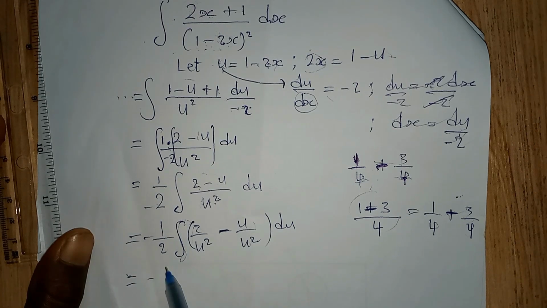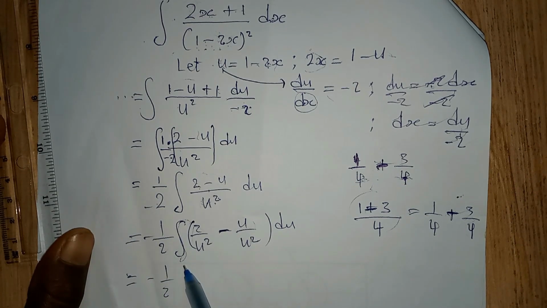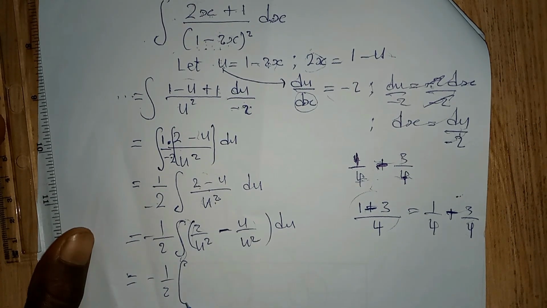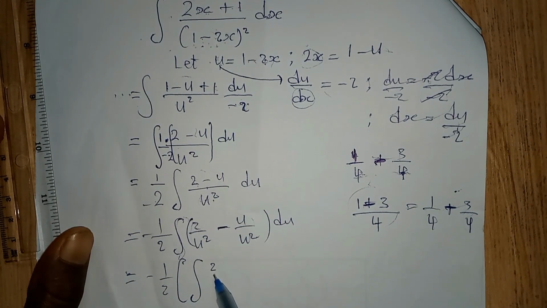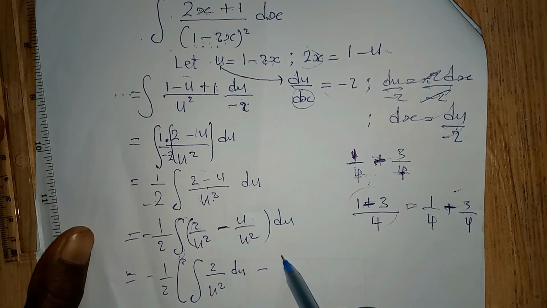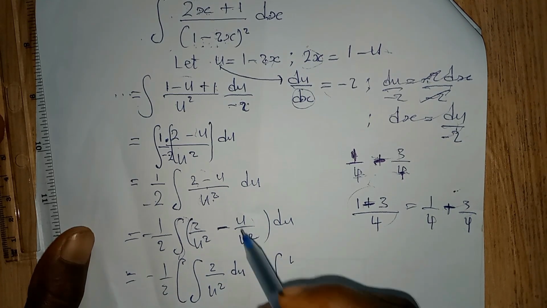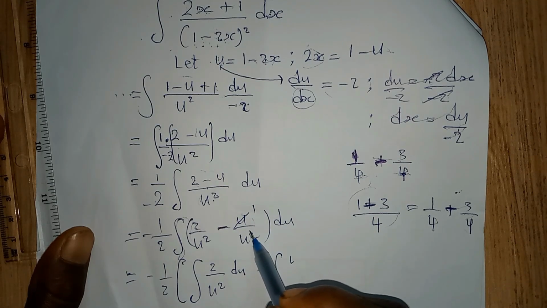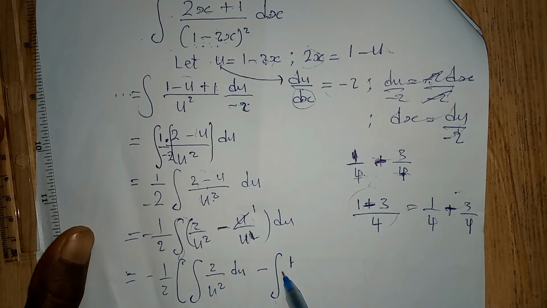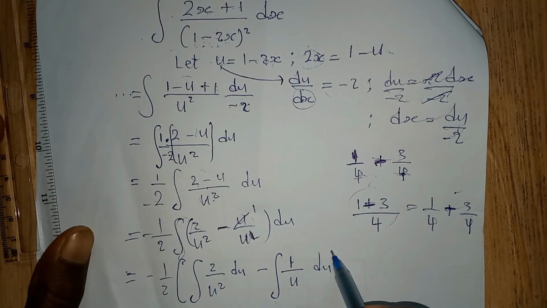So you now have minus half bracket integral of the first term 2 over u squared du minus integral of the second term. Here u over u squared, the u cancels one power, so it becomes 1 over u. So now the integral of 1 over u du.